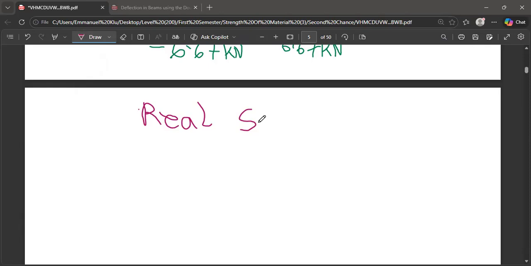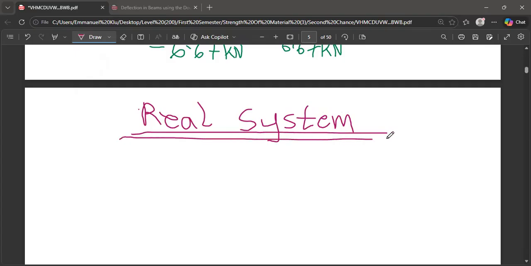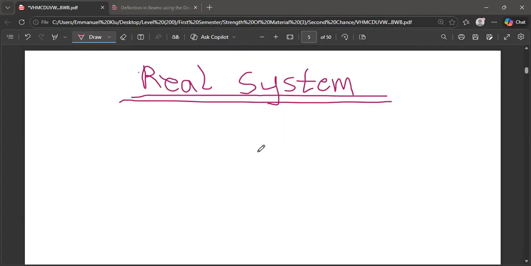Then later we come and take the virtual work too, and then we see the forces at the joints. Later we are going to compare the two to calculate our deflection at B. So this is for the real system.